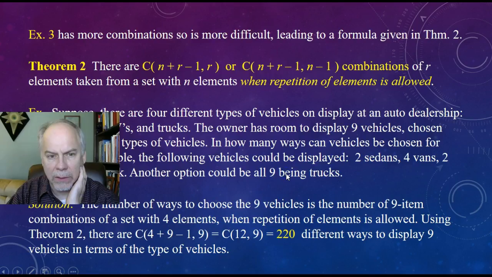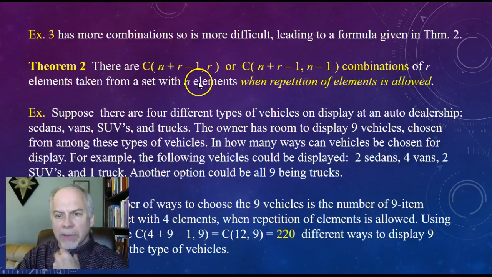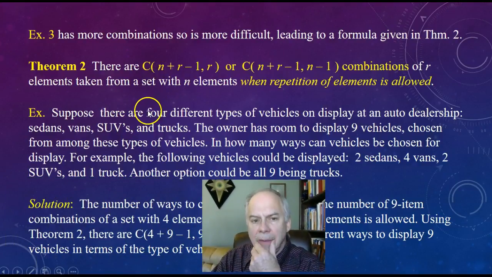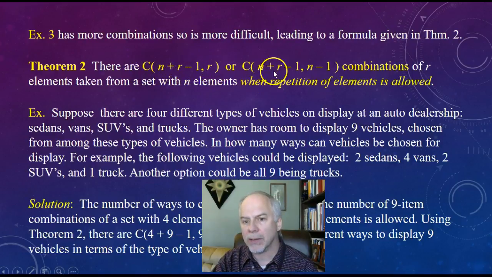Now, example 3 is the next example. It's even more involved, so I'm going to introduce a formula in Theorem 2 here. This formula says there are C(n + r - 1, r), or C(n + r - 1, n - 1).